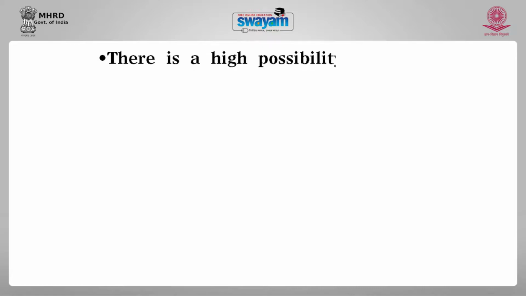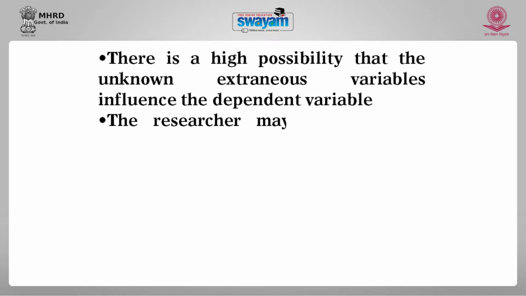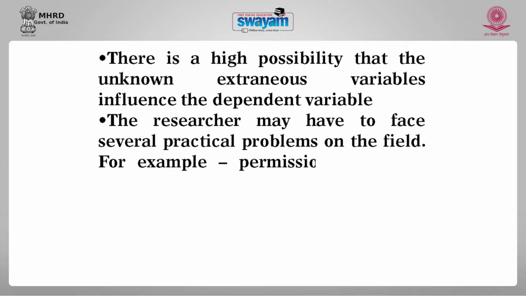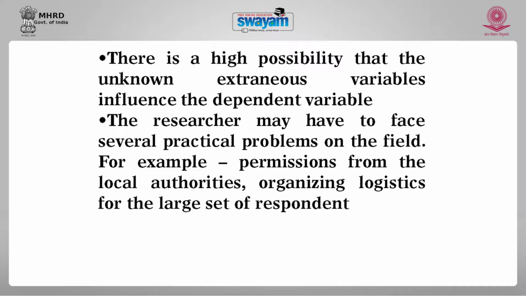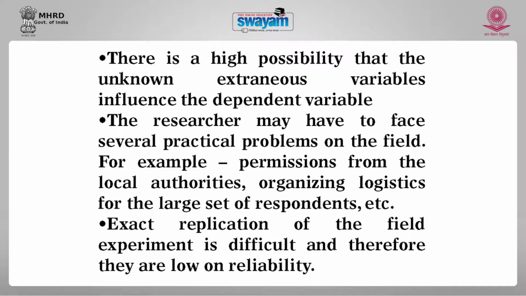There is high possibility that the unknown extraneous variables influence the dependent variable. Another disadvantage is the researcher may have to face several practical problems on the field. For example, permissions from the local authorities, organizing logistics for the large set of respondents, etc. Another disadvantage is exact replication of the field experiments is difficult and therefore they are low on reliability.